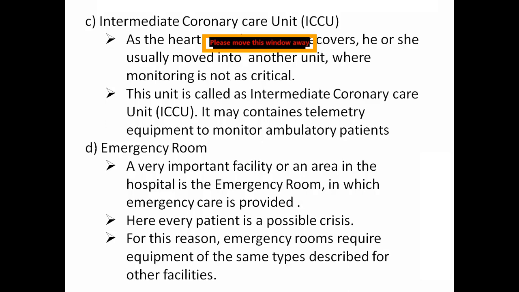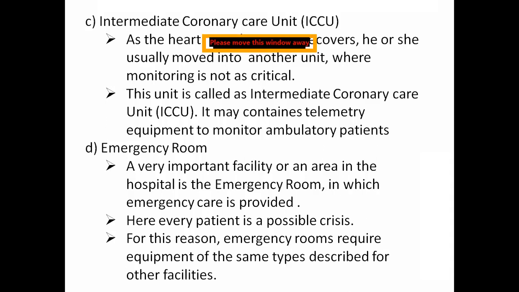Whereas in the cardiac care unit or coronary care unit, the critical patients are treated. After treatment, those heart attack patients will be shifted to another unit where the patients do not have such a critical situation. That particular unit is called the intermediate coronary care unit, ICCU.